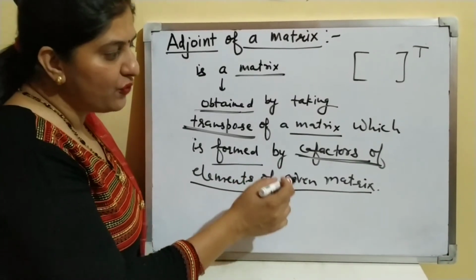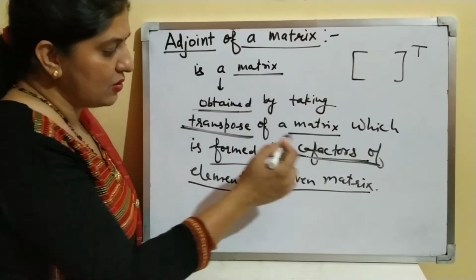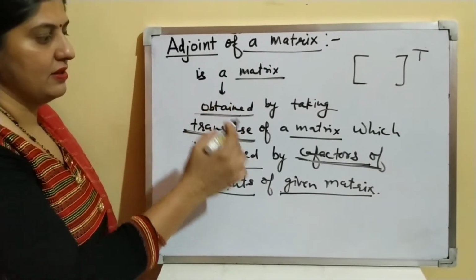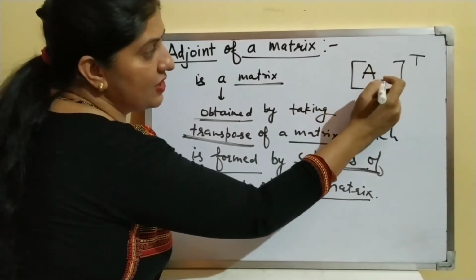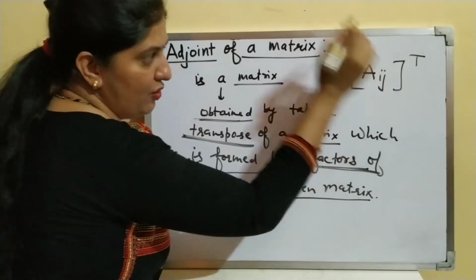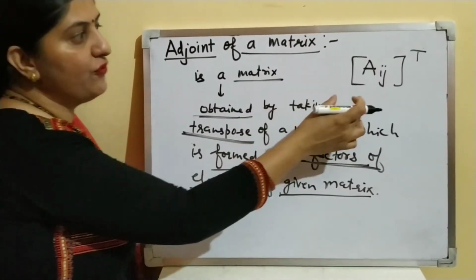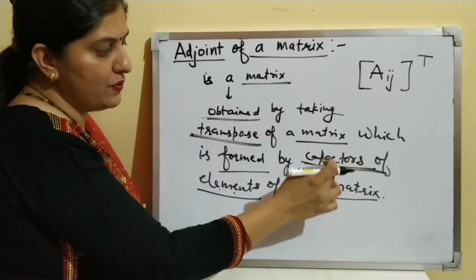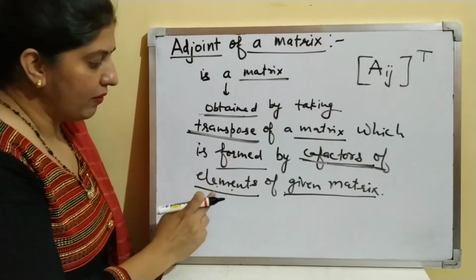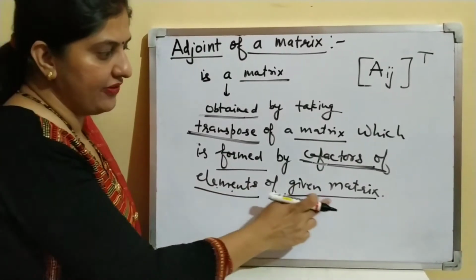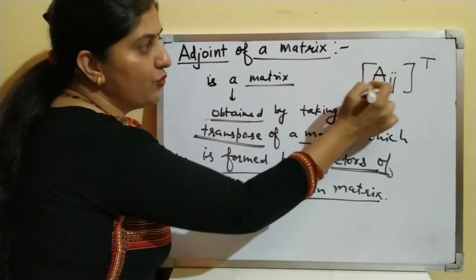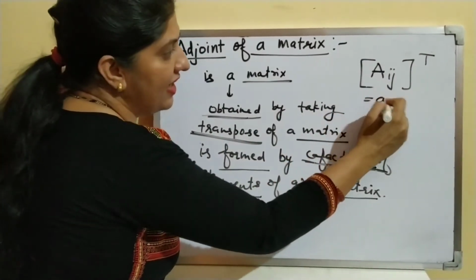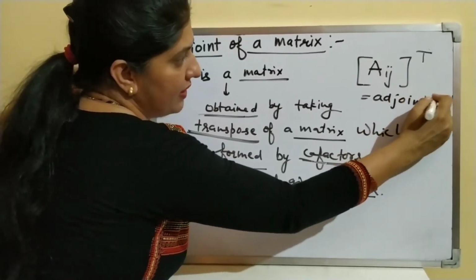It means you have to find cofactors of all elements of the given matrix, and cofactors are represented by capital A. So you have to first form a matrix by using cofactors of all elements of the given matrix. Then we have to take the transpose of this matrix and we get adjoint of A.